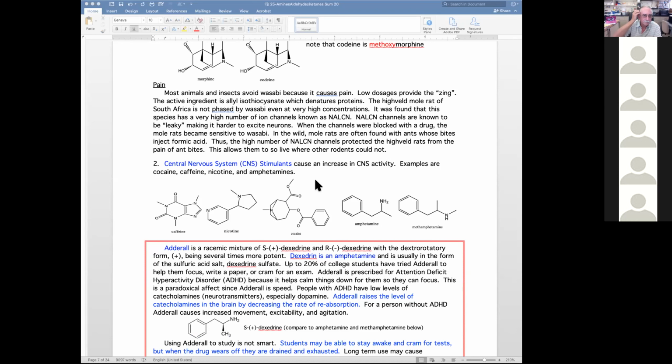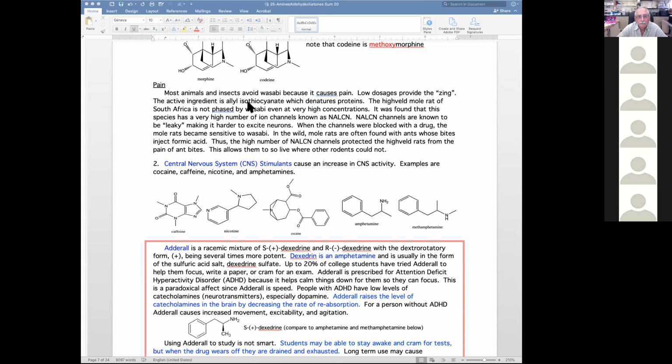Wasabi sounds like a Japanese name, not a Chinese name, but I love wasabi. And this is a fun word to say as well. But low dosages give you that zing that we like from wasabi.